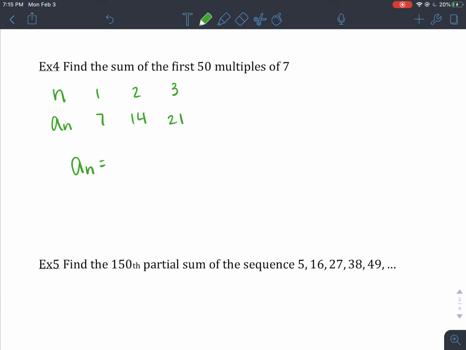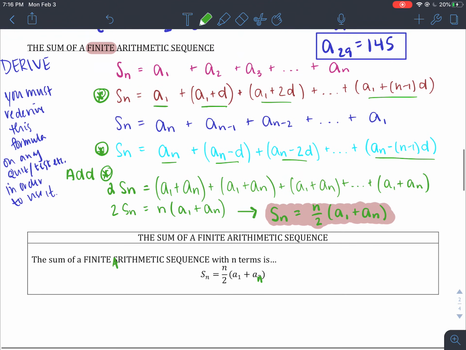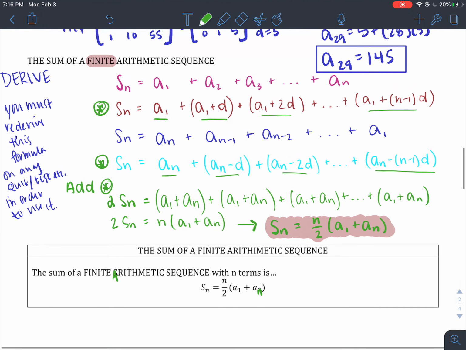So for our a sub n formula, our common difference d is 7, and our a sub 1 is 7, so this is 7 plus n minus 1 times 7. A sub 50 is 7 plus 50 minus 1, 49, times 7. That's 350.